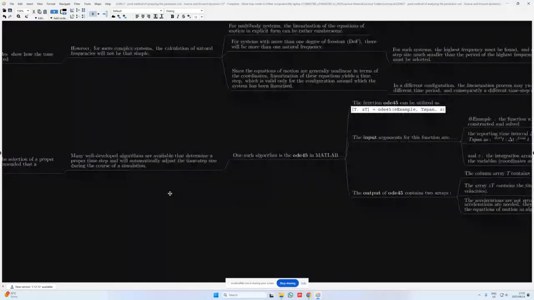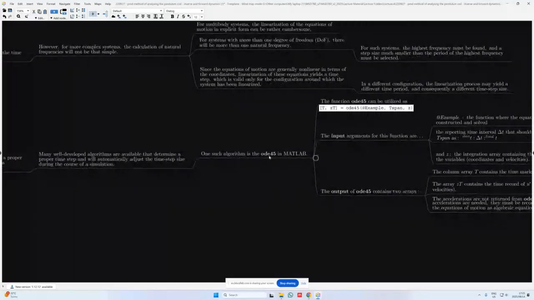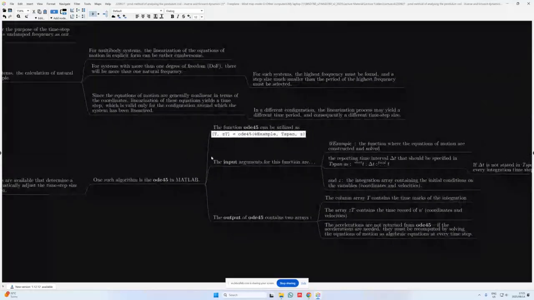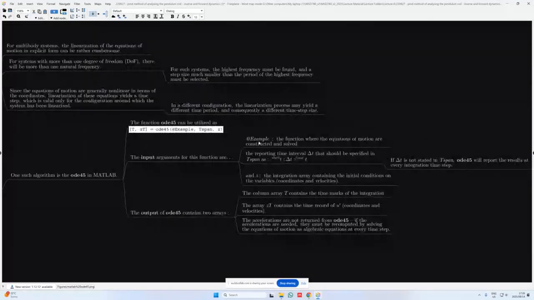In MATLAB, we refer to ODE45 as the function that we want to use. The function ODE45 can be written in this form. We have two outputs and we give it three inputs. Those input arguments are the function handle, which is the function where the equations of motion are constructed and solved.